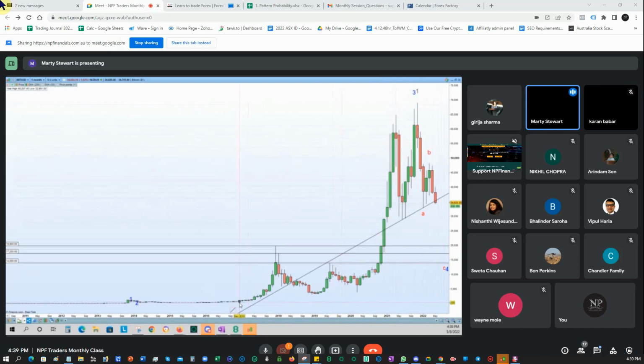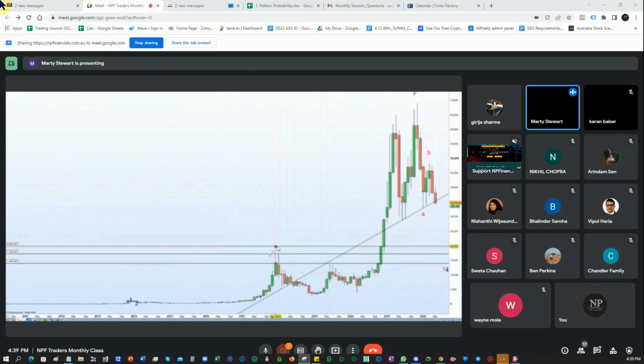And with Wayne's question before, what we do at the start of the trading day, I generally look for an impulsive move at the start of the day, then look for the correction during the day, and then the next impulse up through the rest of that day.